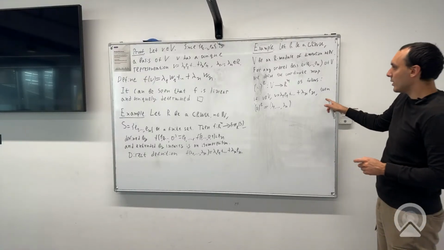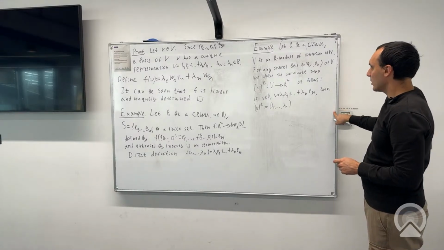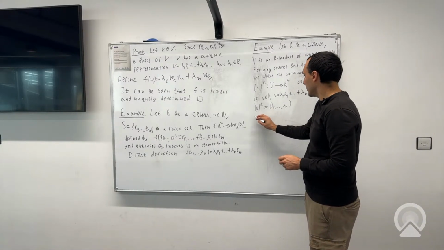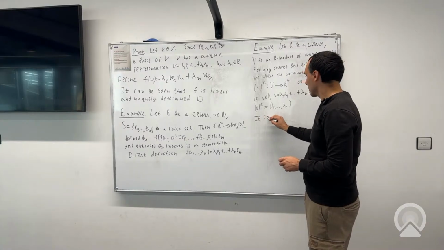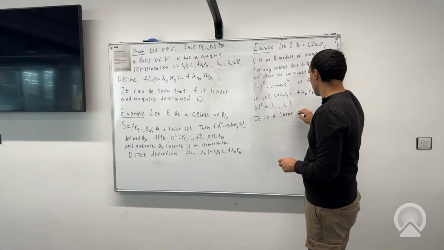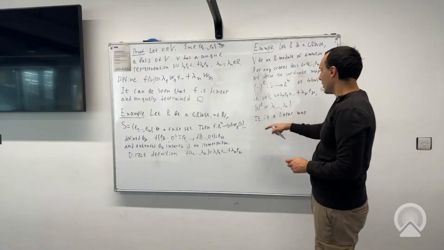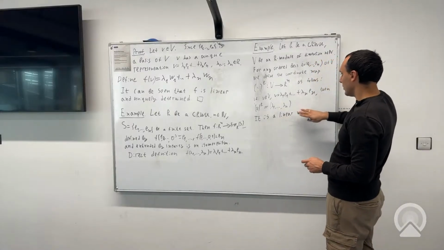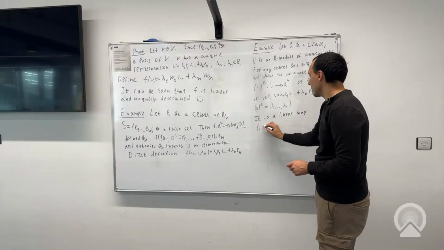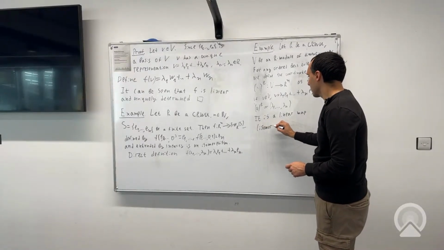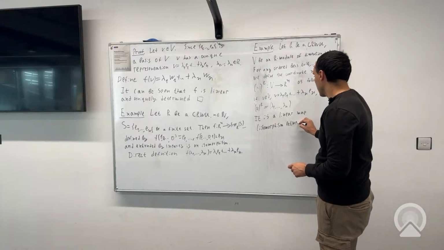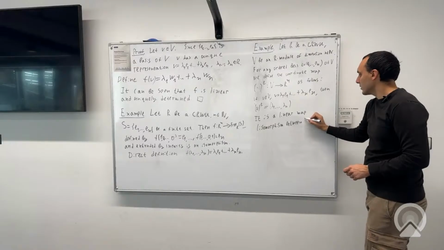Okay. And this is a linear map. And also linear, it's an isomorphism. In fact, an isomorphism between V and Rn.